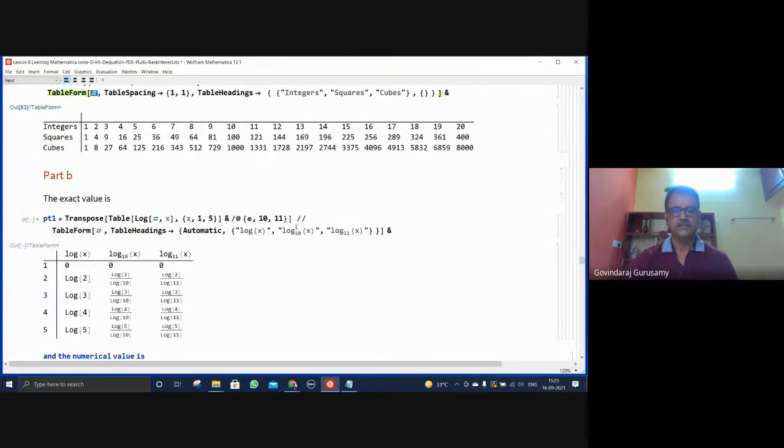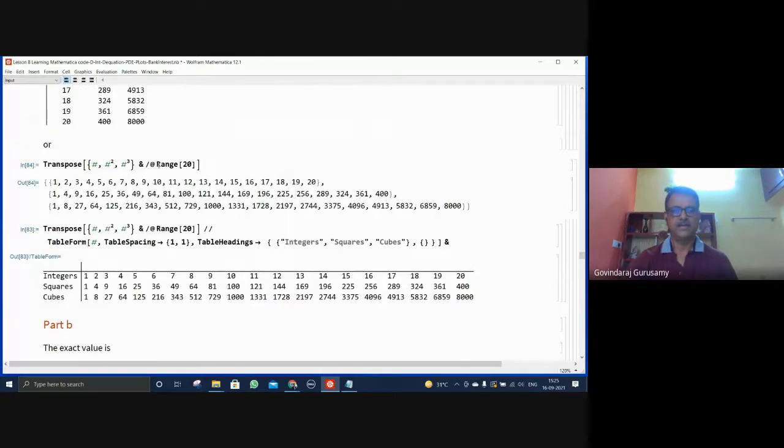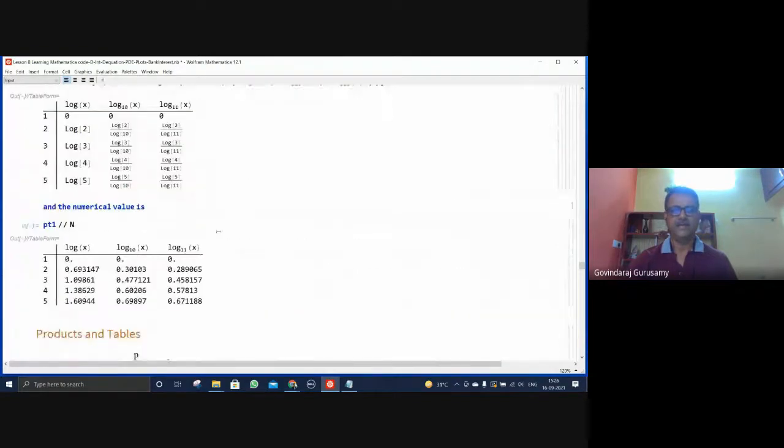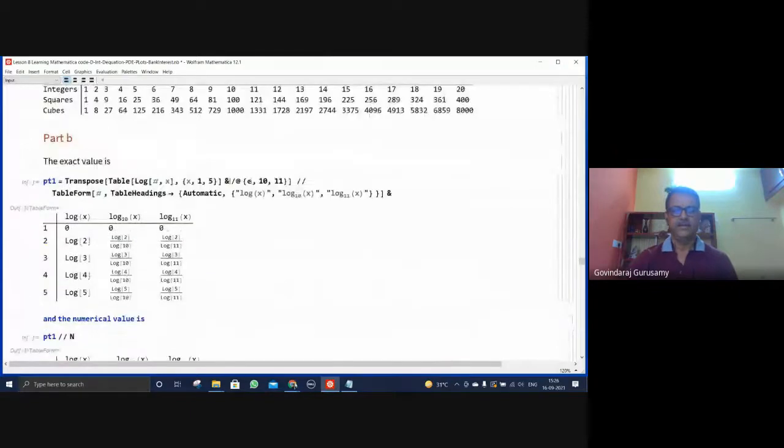Similarly here, for a log: the natural base is base E, that's the hash. The other one is base 10, and the other one is base 11. Then the at, this is not a list here. Instead of a range, I have three quantities in the list, and one by one they are applied.